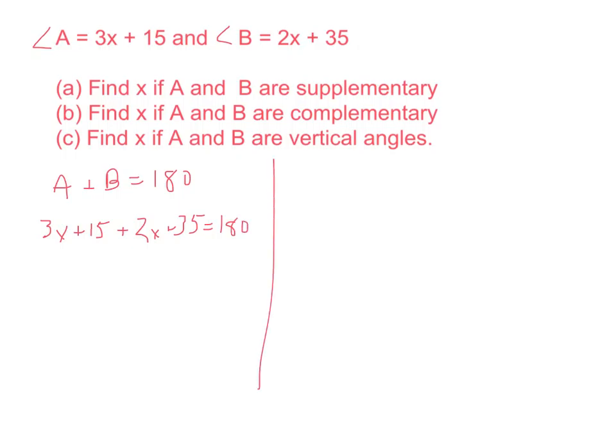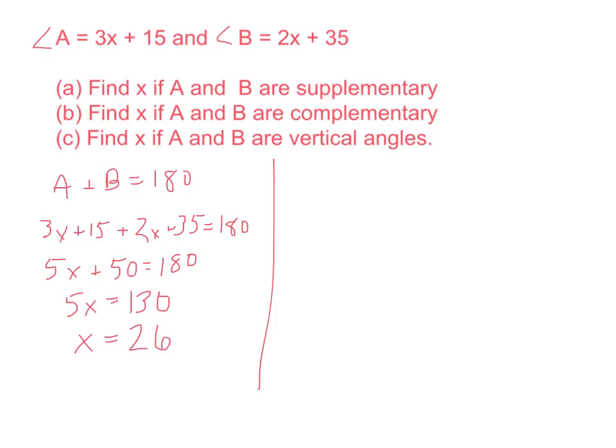Now this is going to simplify to 5x plus 50 equals 180. Subtract 50, so 5x equals 130, and so x equals 26. So there we go, if they want to be supplementary angles.